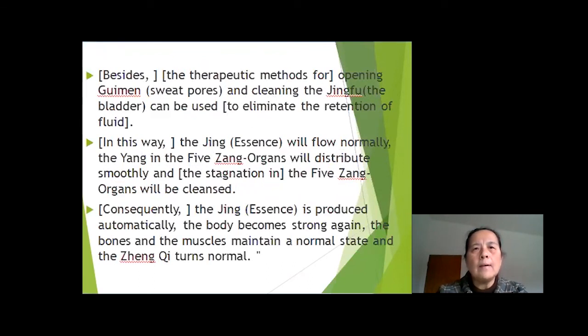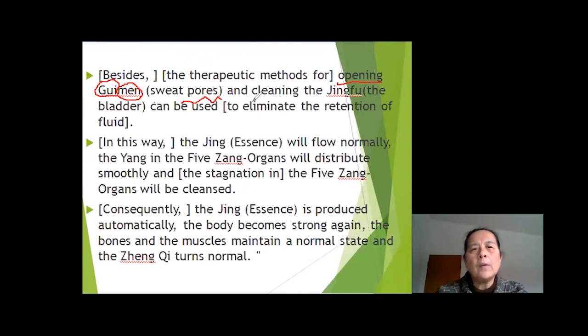And also, they say open the 鬼门. 鬼 is the ghost, 门 is the door. What does 鬼门 mean? The pores, sweating pores. Thus eliminate the pathogenic factors from the pores, meaning the patient sweats more.